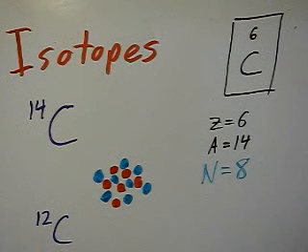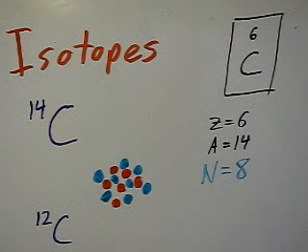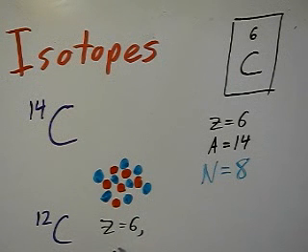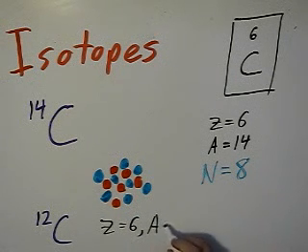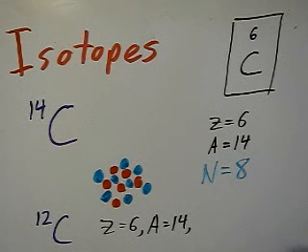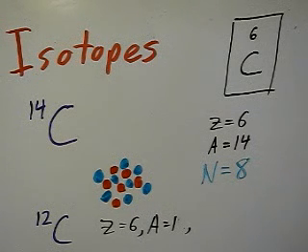Carbon-12 would have Z equal to 6, A would be equal to 12. That one, 12.